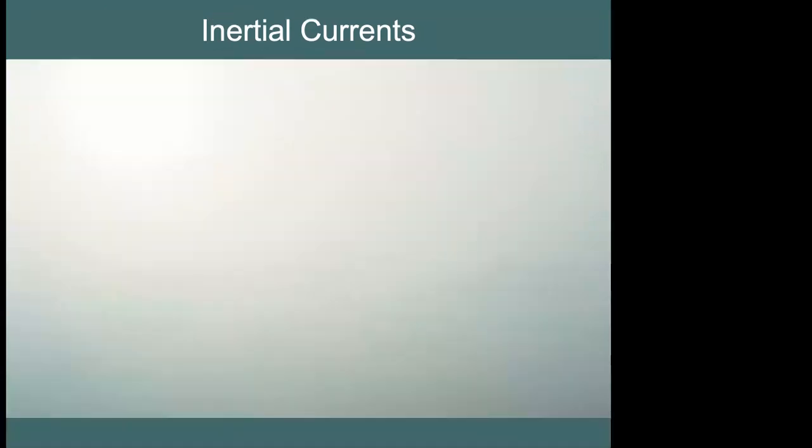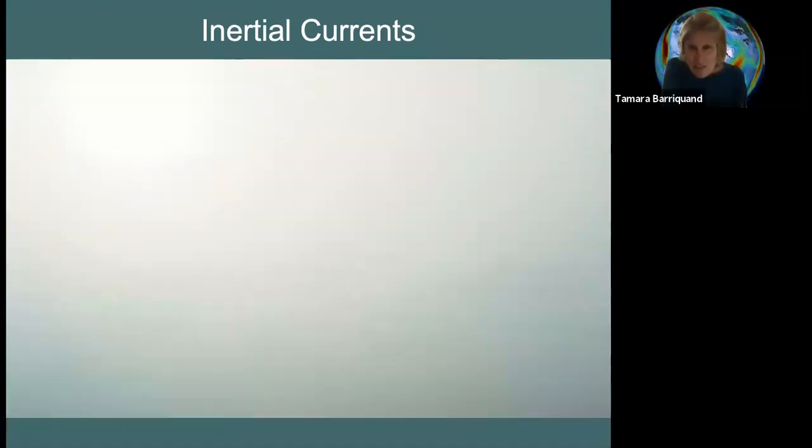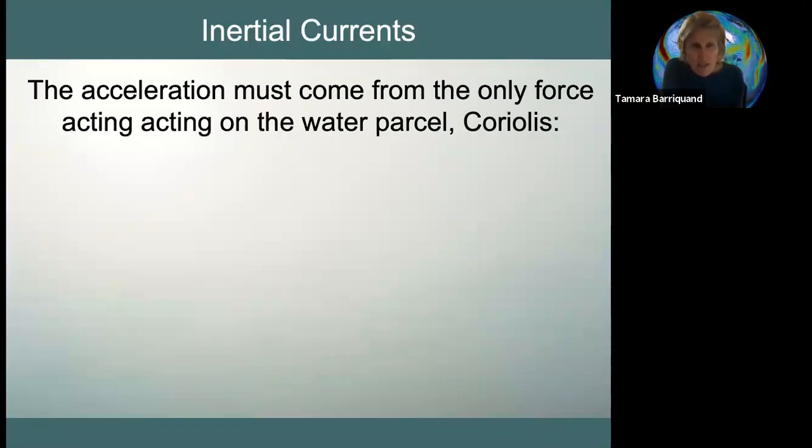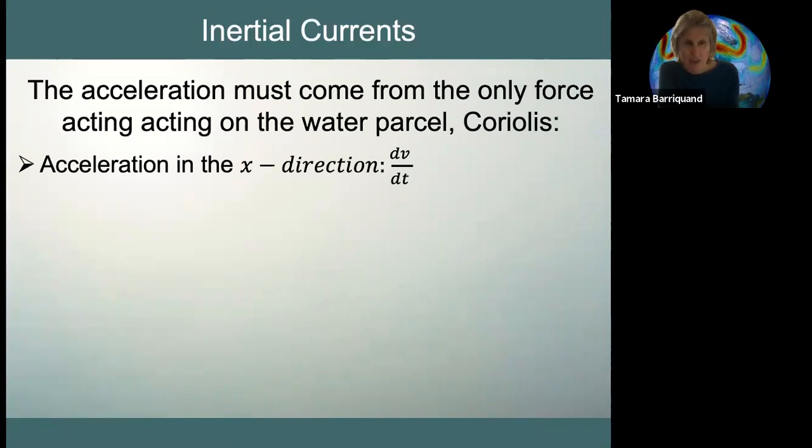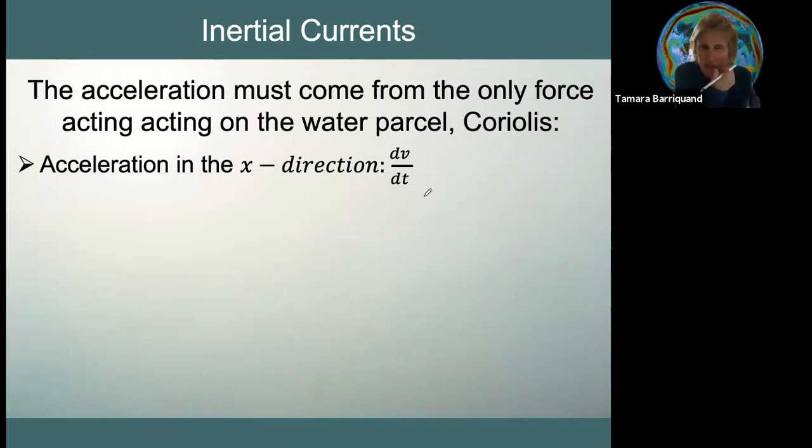All right. So these inertial currents, we know that the acceleration must come from the only force acting on the water parcel, Coriolis. And so we saw that the acceleration in the x direction, I'm sorry, that is incorrect there. That should be du dt. Make that a u. There we go, du dt.